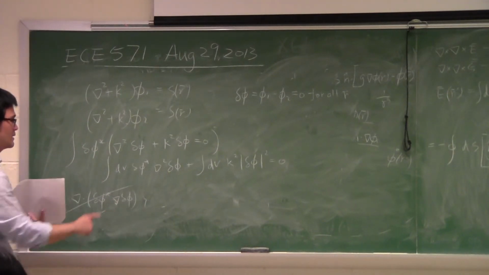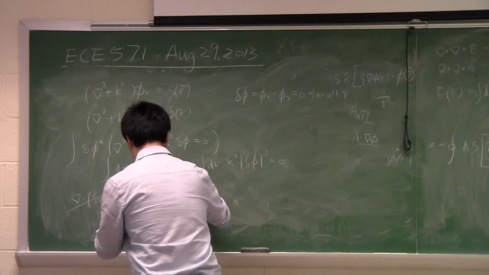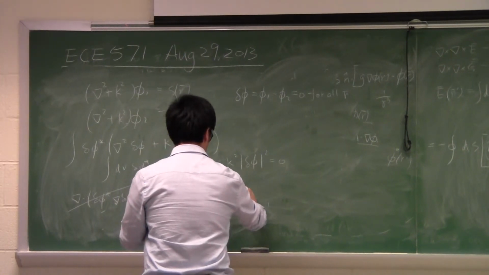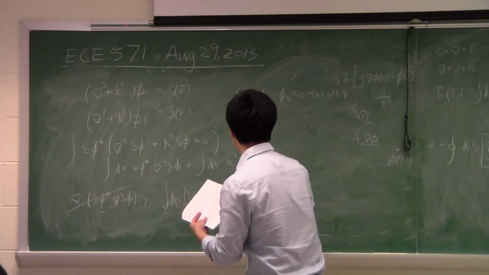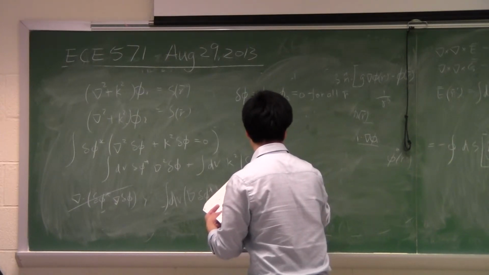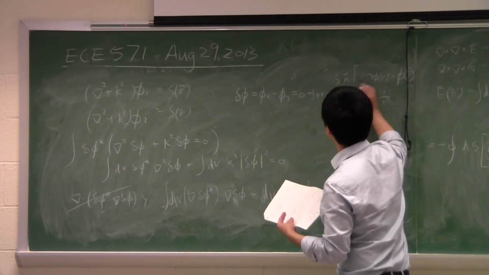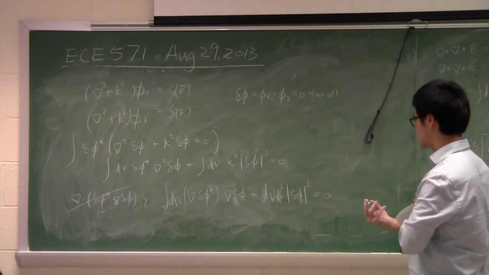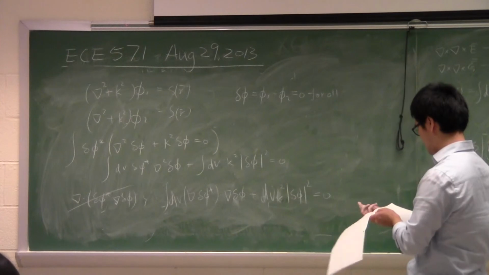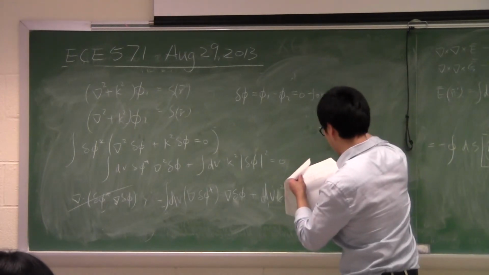So this will go away, and then this term will just become gradient of delta phi dot with gradient of delta phi plus. So finally, I can arrive at this equation.